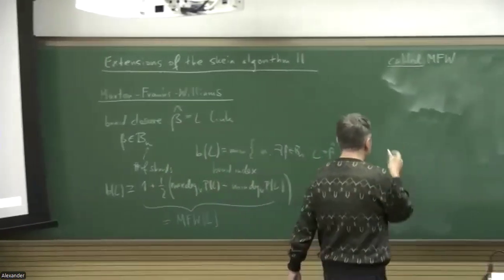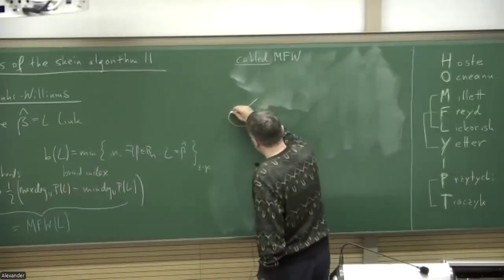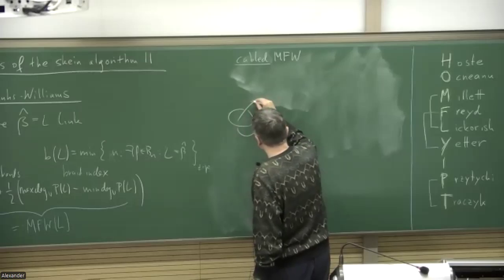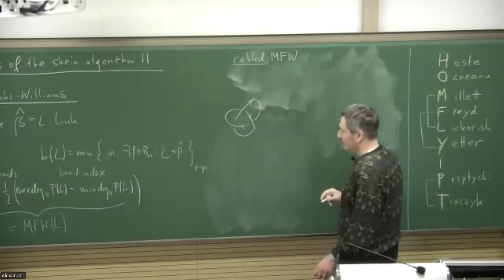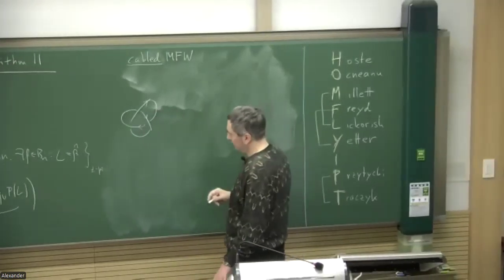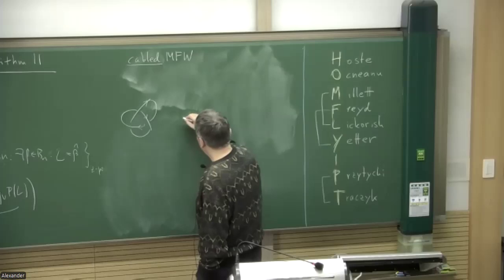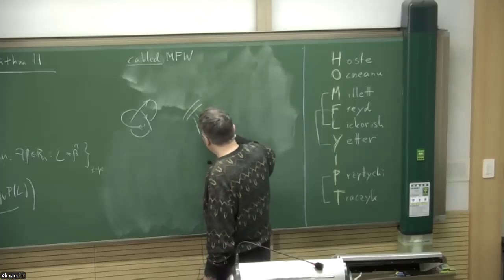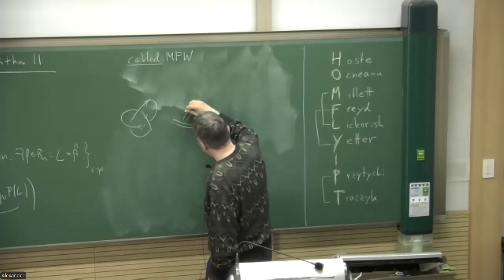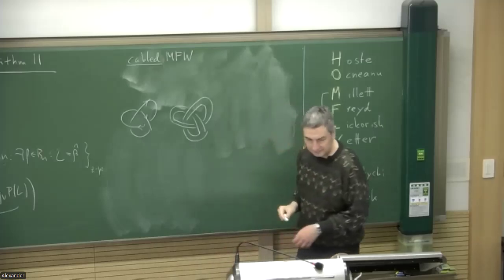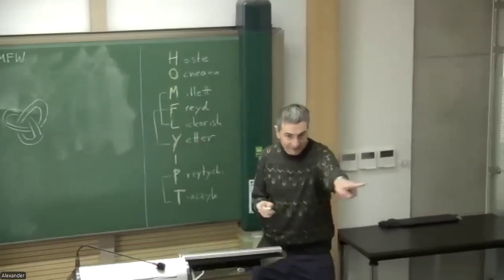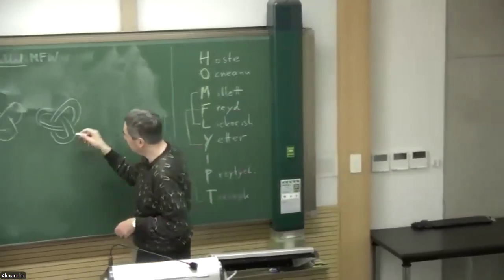Simplest example, let me start with a trefoil. Let me draw this for the trefoil first, and then I will formalize it so it gets a little bit more general. So here is the trefoil. Now, cable means essentially that you make several parallel strands around the one.